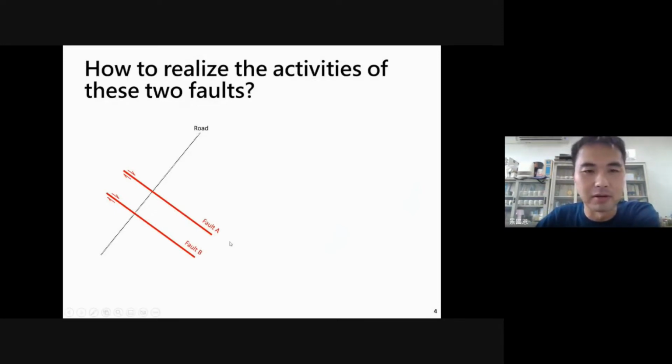if we have two faults, fault A and fault B over here, this information may be just gotten from a geological survey. Now if we want to build a road, or railroad or high-speed railroad, whatever, eventually we know this road will pass through these two faults.